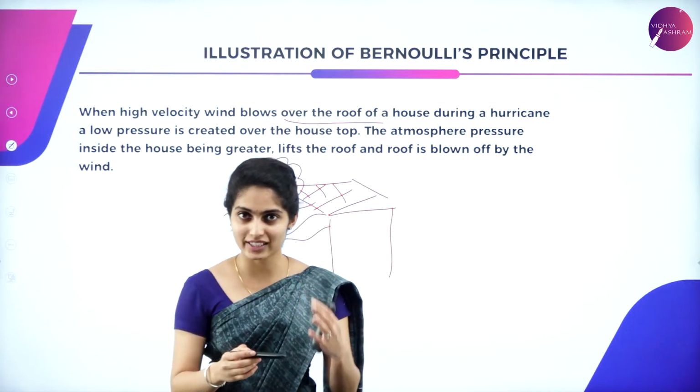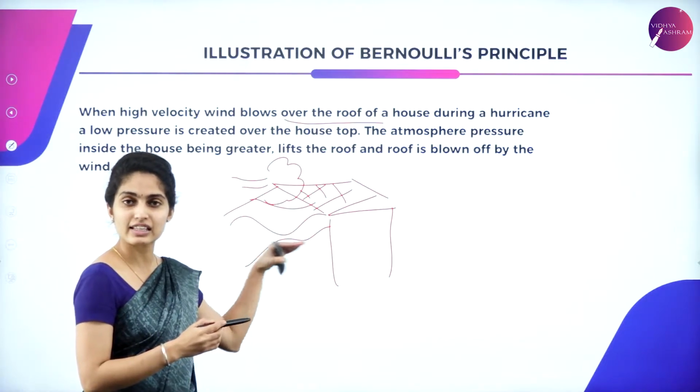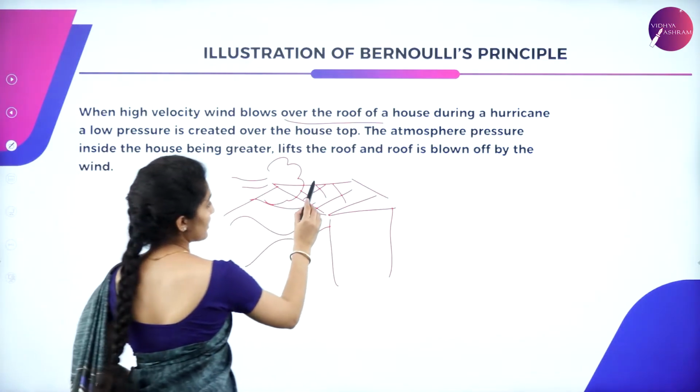A low pressure is created over the roof. So when the wind is flowing and there is greater pressure, what happens at this position?